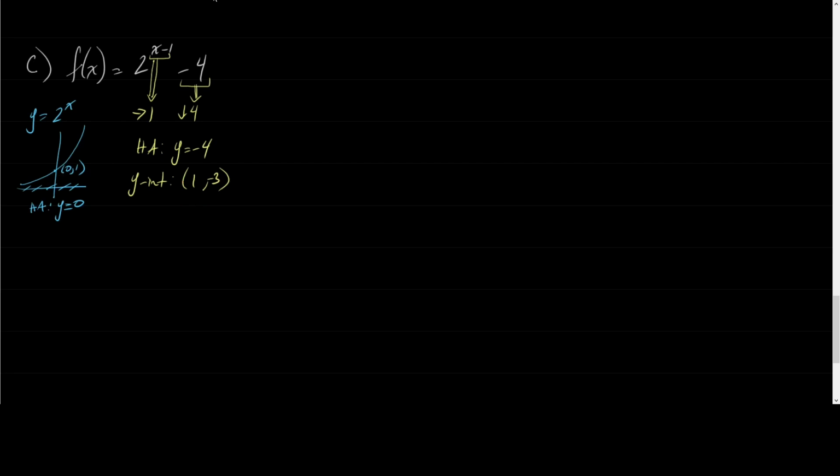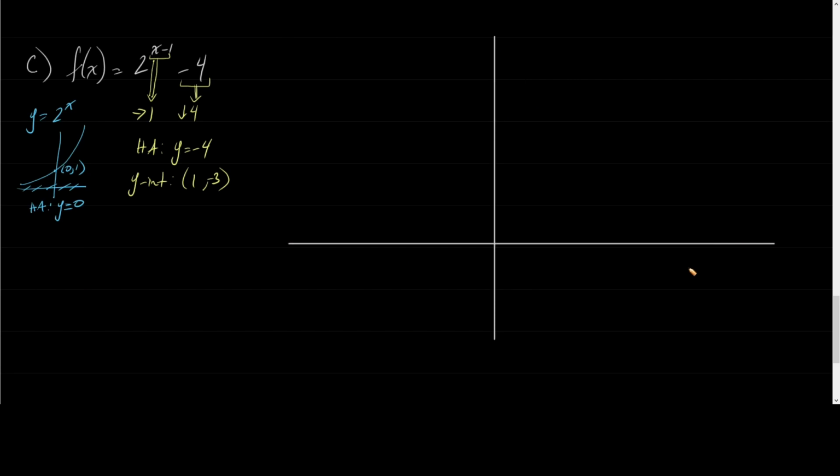All right, so let's see what that looks like. Let's do it this way. We have a horizontal asymptote of y equals -4, and that would look something like this.